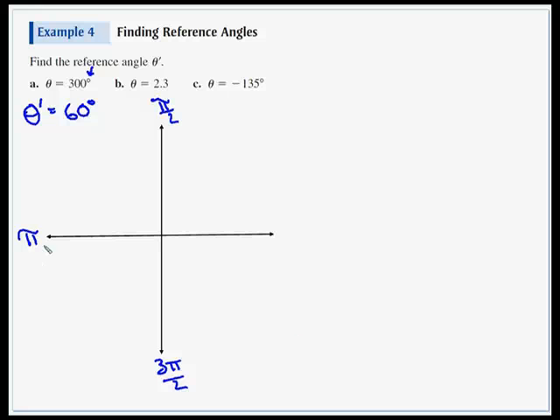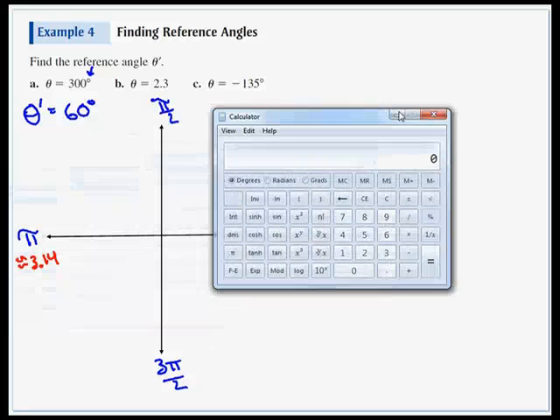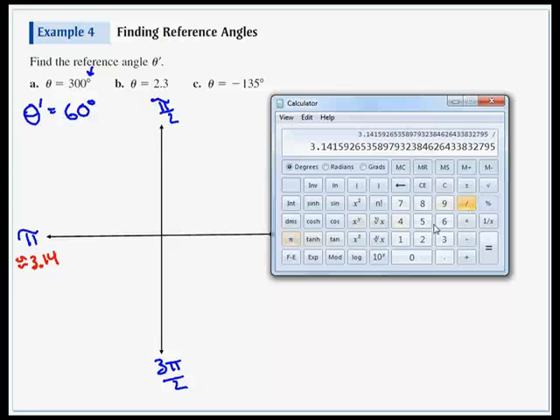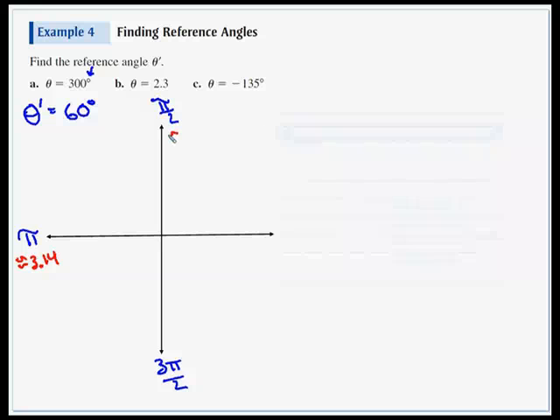And we should know that pi is roughly 3.14. This measure in radian mode is 2.3. Well, pi divided by 2 is about 1.57. So this would be roughly 1.57, and our angle is 2.3. So we're somewhere in between those values, and that tells us for sure we are in the 2nd quadrant.